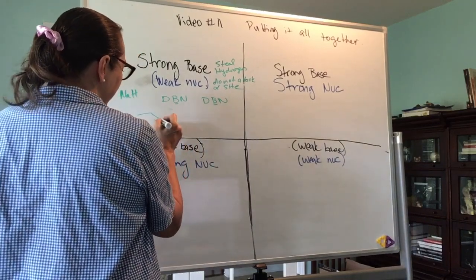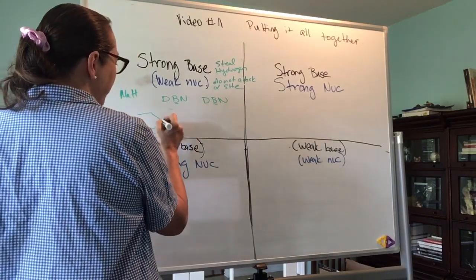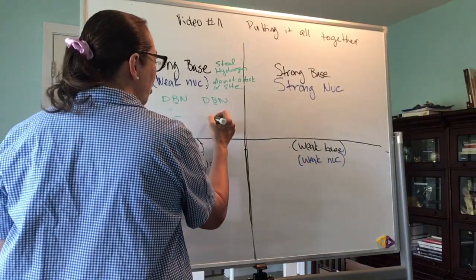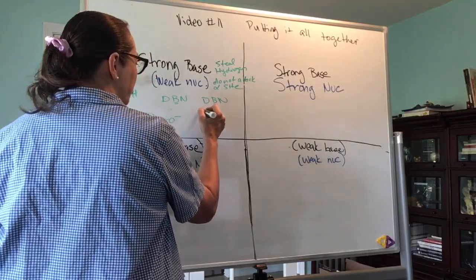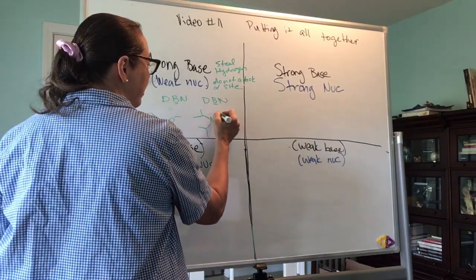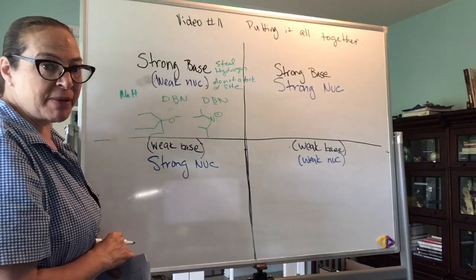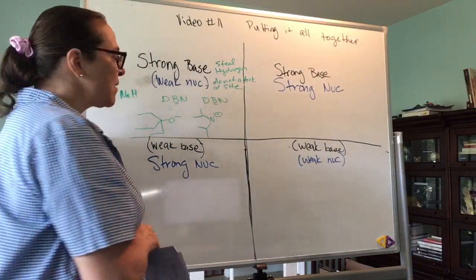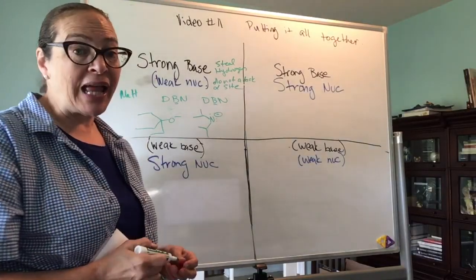Other examples that I gave you in my previous video is something that is very, very sterically hindered. Another example was diisopropylamine. Again, all of these are negatively charged. They're very strong bases, but they're too large to be good nucleophiles. There is one that is kind of borderline.